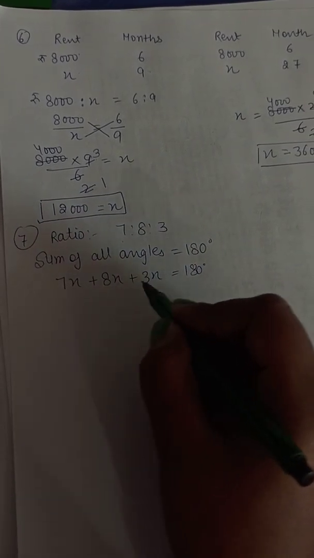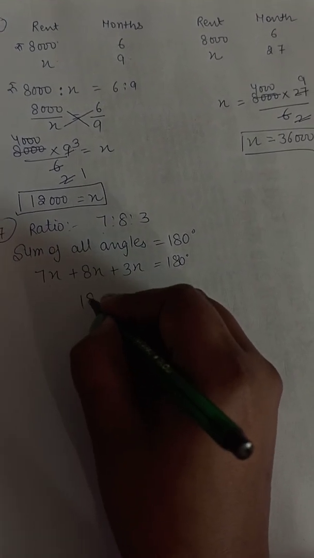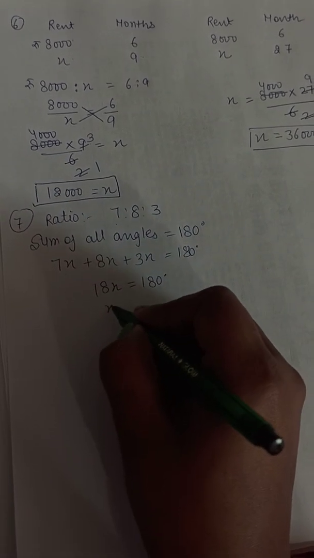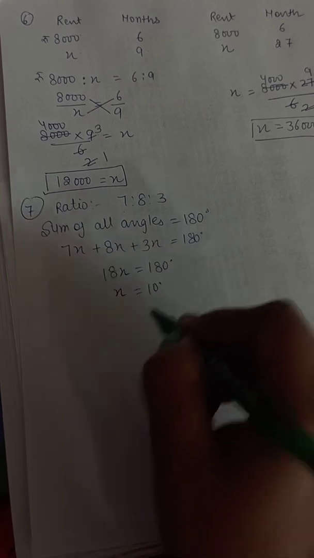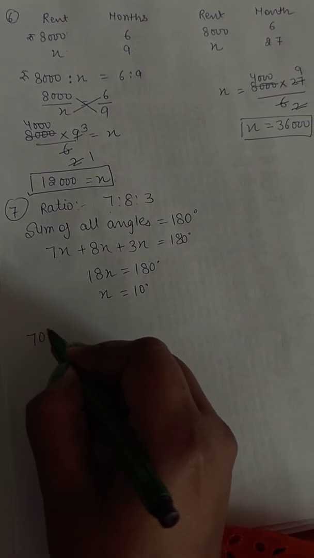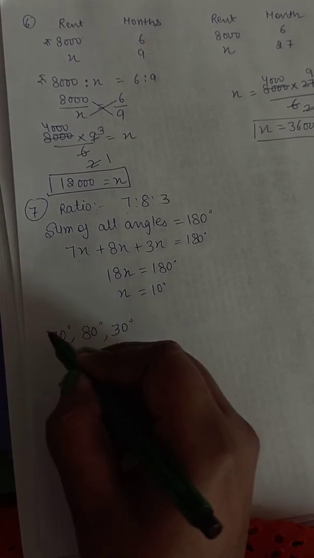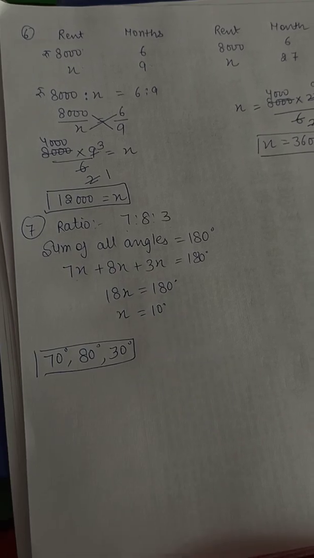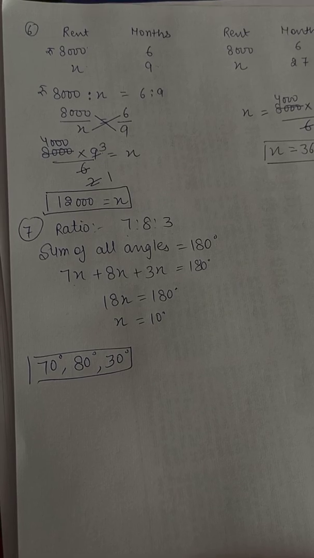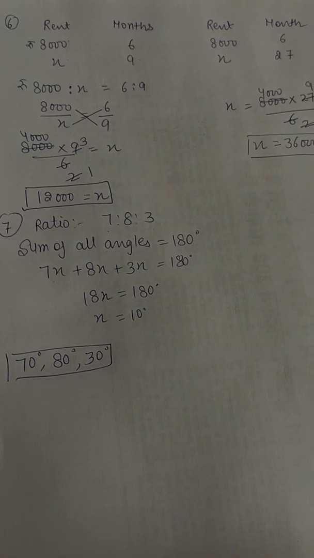Now we can find the value of x. 8 plus 7 is 15, 15 plus 3 is 18x equals to 180. x equals to 10 degree. Now the angles are 70 degree, 80 degree and 30 degree. Clear? Each angle of the triangle is 70 degree, 80 degree and 30 degree. Clear this one?